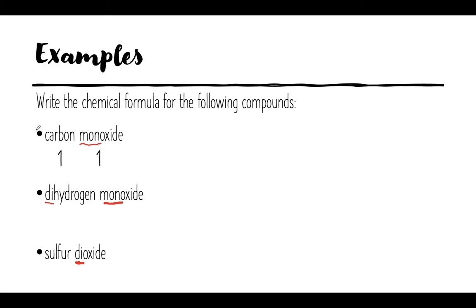We know that because mono means one. If we are shortening the names down to symbols, our formula for carbon monoxide will be C for carbon and O for oxygen. And CO will represent carbon monoxide.